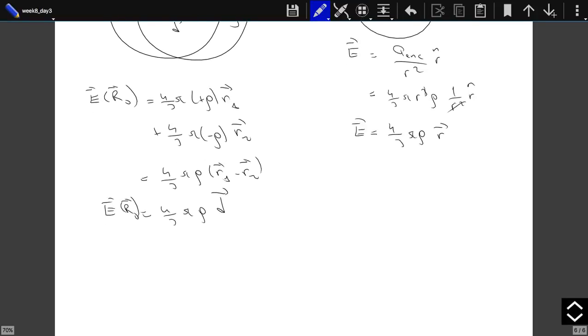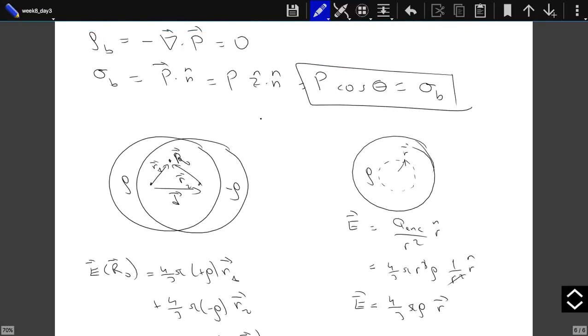Now, let us take an outside point. For this outside point, let me plot it again.